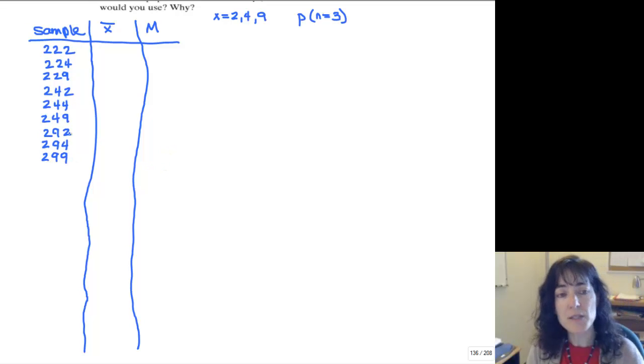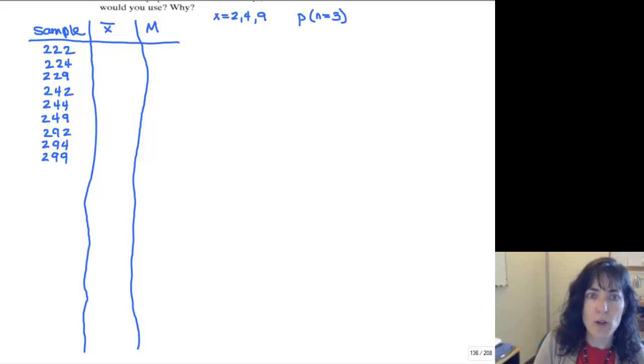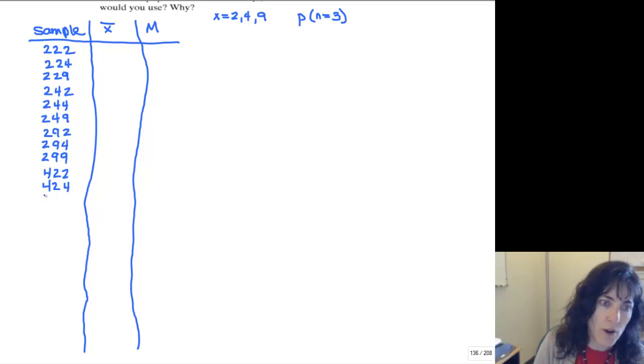Okay, so that's my first set, and that's just starting my first draw as a 2, and then all the other possibilities that I could have. So we're going to have to repeat that same set another time and another time, one starting with 4 and one starting with 9. So we could write all those out. It's going to start with 4 this time. 4, 2, 2, 4, 2, 4, 4, 2, 9.